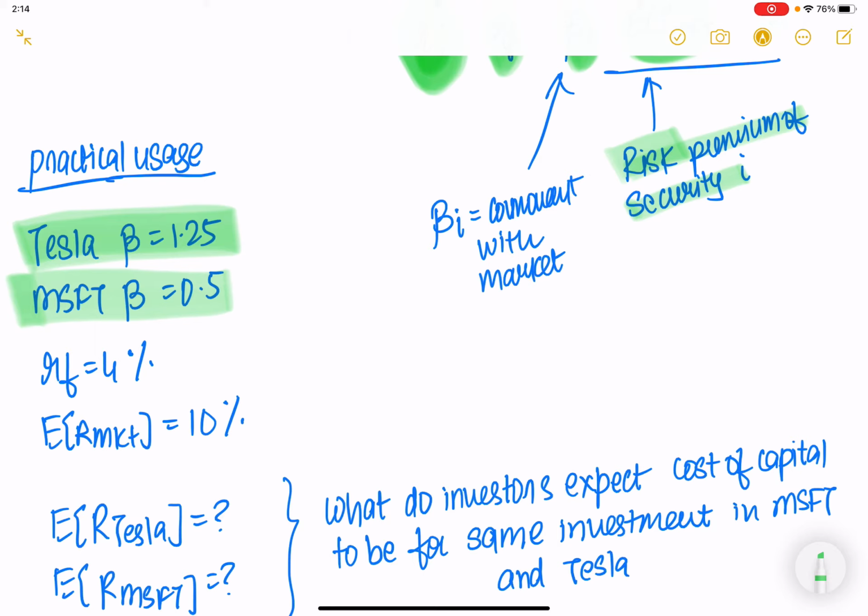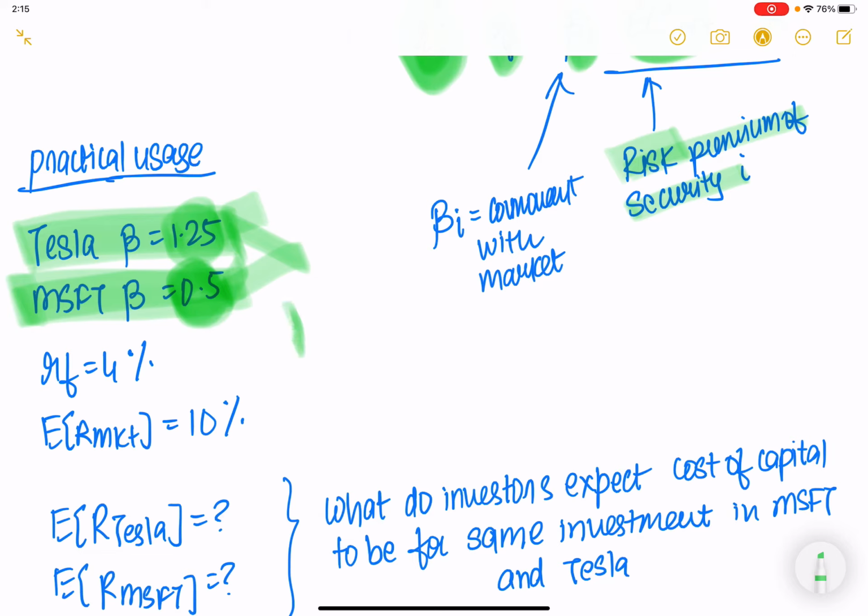We just saw how we can calculate beta from correlation, right? So the higher the correlation, the higher the beta, and the lower the correlation, the lower the beta. In this case, these are dummy numbers, not real numbers, but let's assume that Microsoft has a beta of 0.5 and Tesla has a beta of 1.25. To quickly recap, beta is basically measuring the commonality of co-movement with the market.